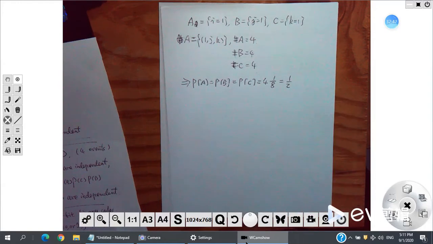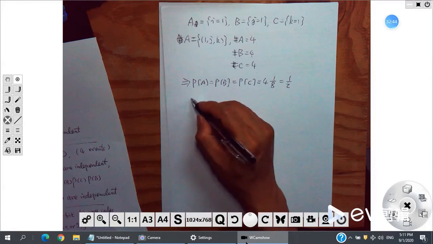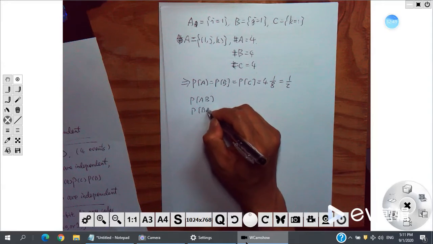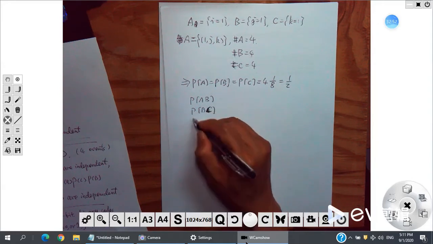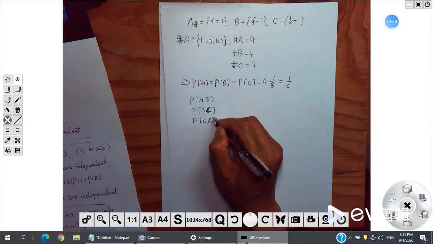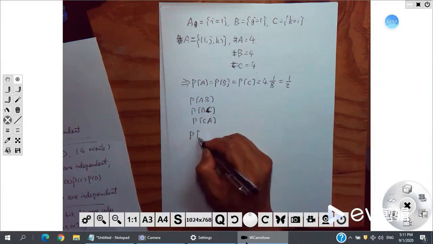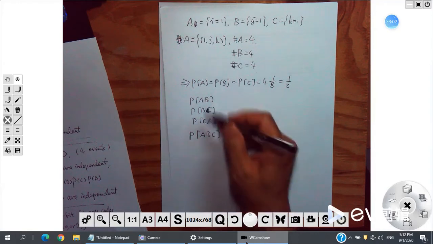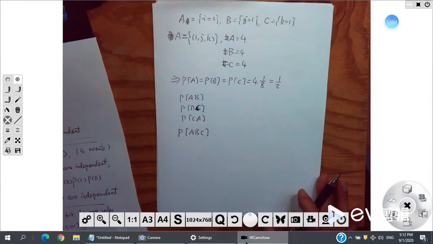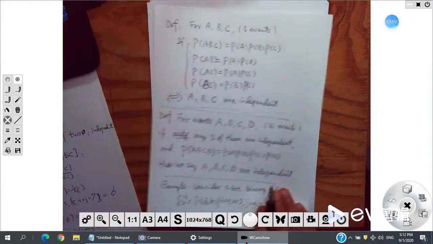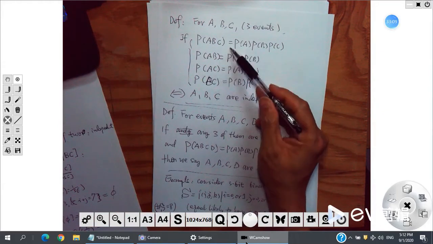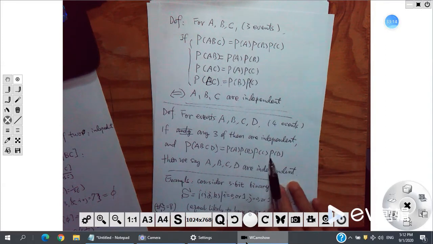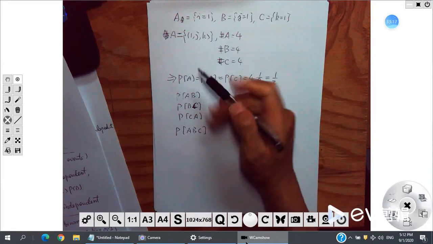Okay. And then we want to check P(AB intersection), P(BC), and P(CA), and finally we check P(ABC), right? We check the probability of all of these, and we will see, do they satisfy these four equations, right? All right, we can see what is the P(A intersection B).